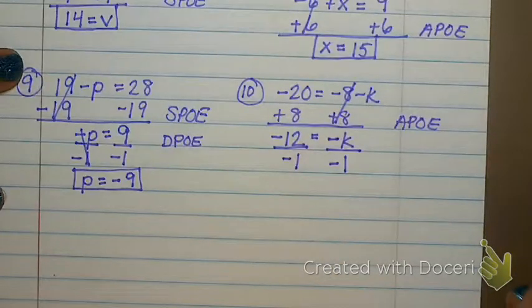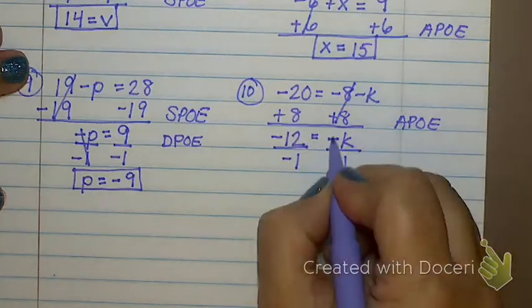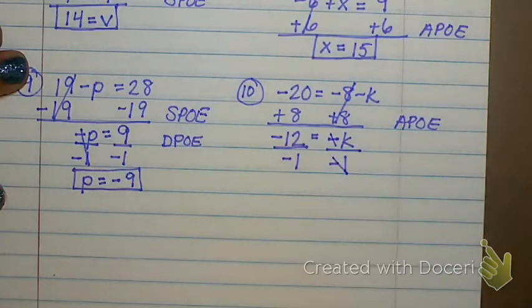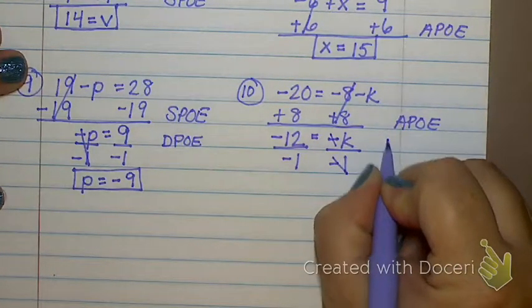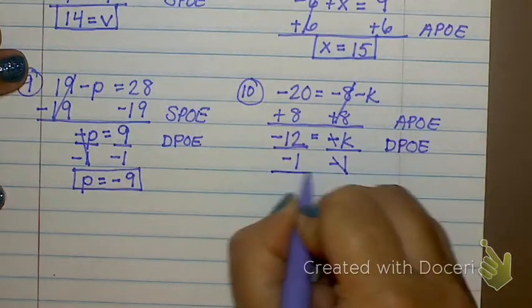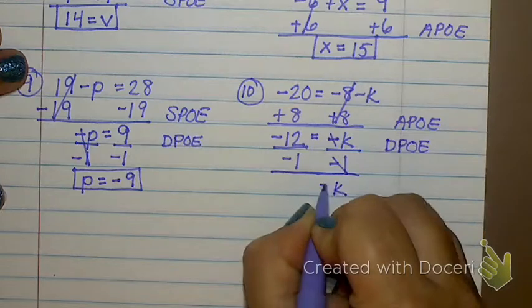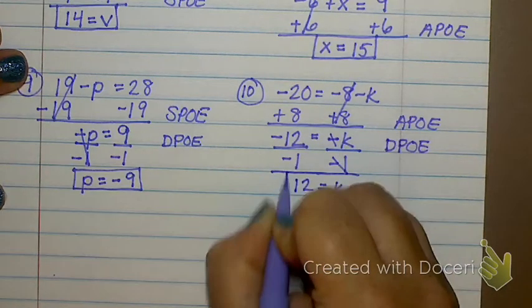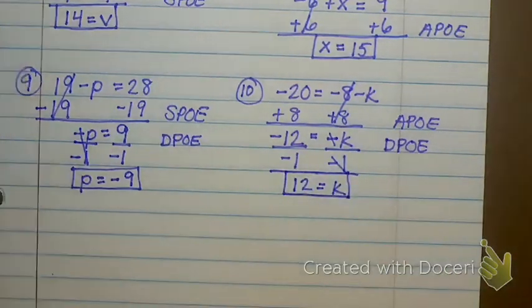Dividing by 1 doesn't do anything, right? Dividing by -1 gets those negatives to cancel out. What property is that? Division property of equality. And -12 divided by -1, I get K equals +12. Any questions? All right, happy studying.